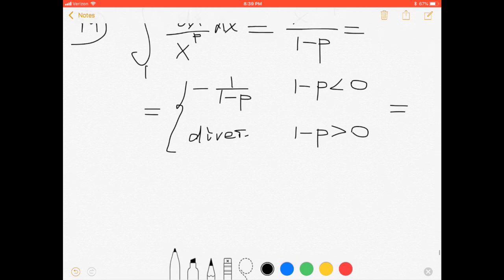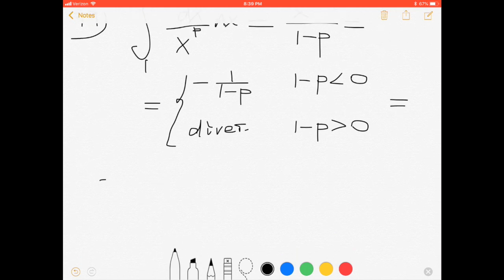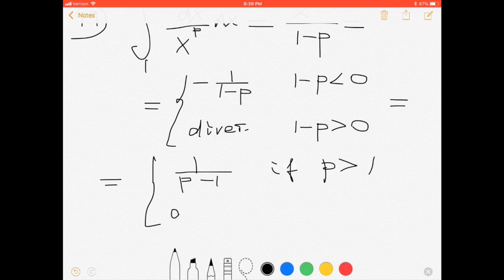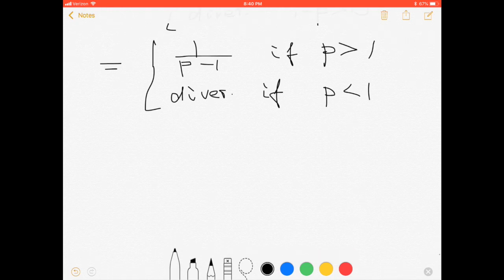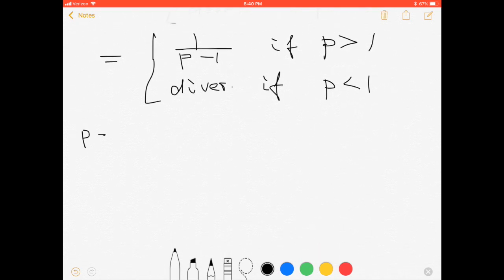Okay, write one more time. Maybe this minus we put inside, and we have 1 over p minus 1 if p is greater than 1, and it diverges if p is lower than 1.